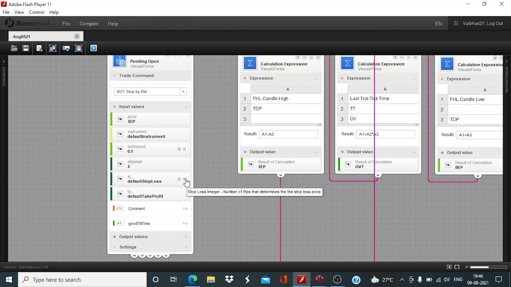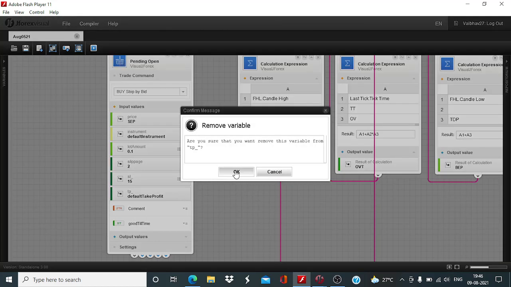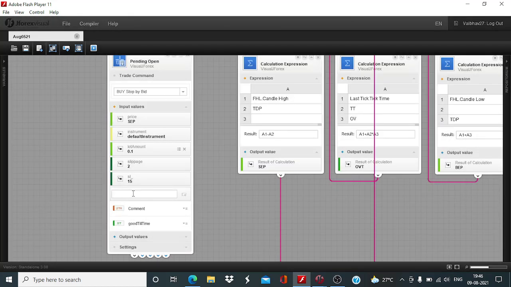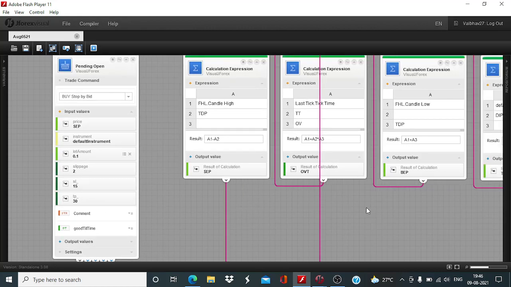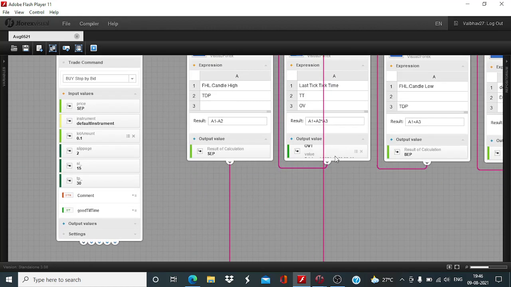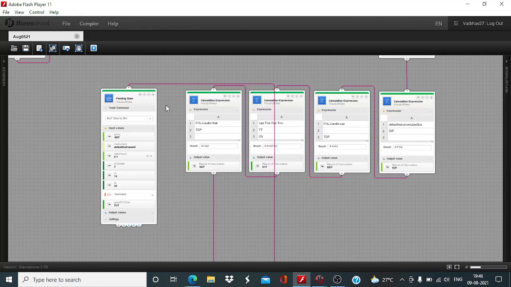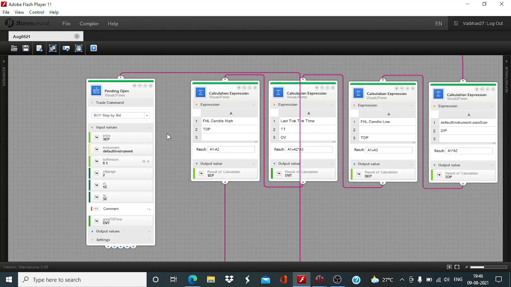Take profit. We are going to use the combination of the ratio of 1:2. So 15 pips stop loss and 30 pips take profit. Order validity we had defined in last session. This variable which has a value of 4 hours. Our order validity will be 4 hours.